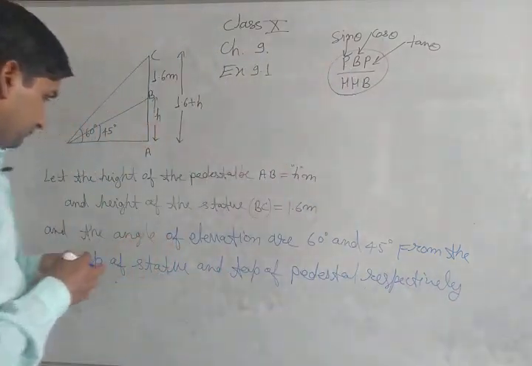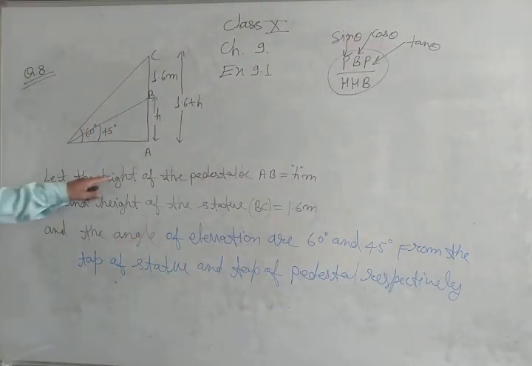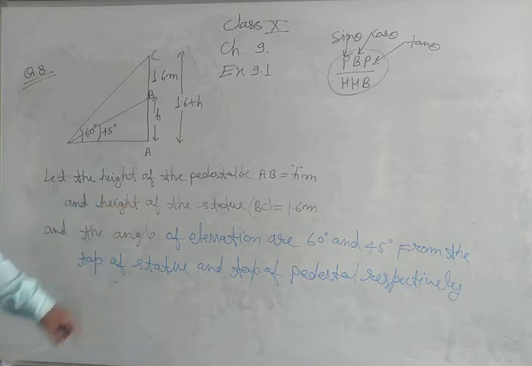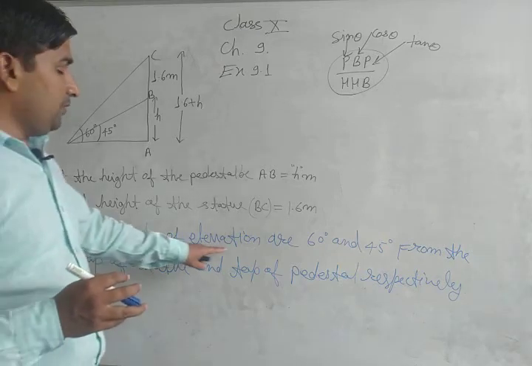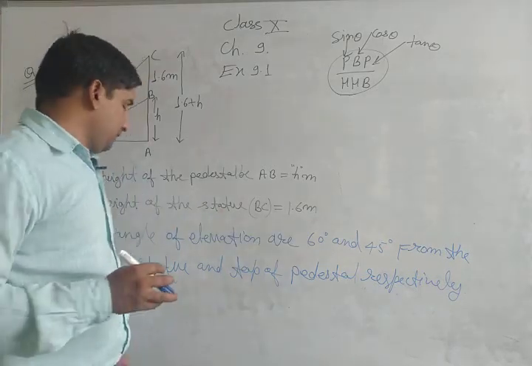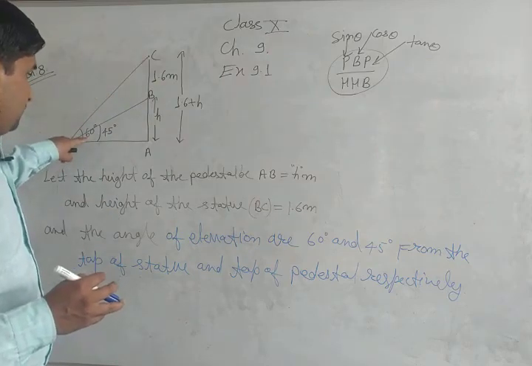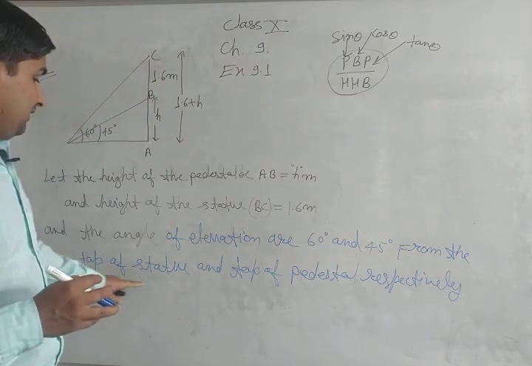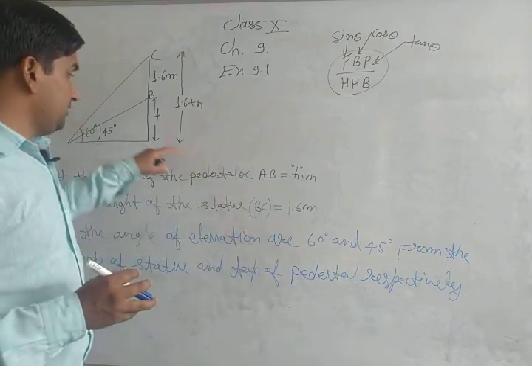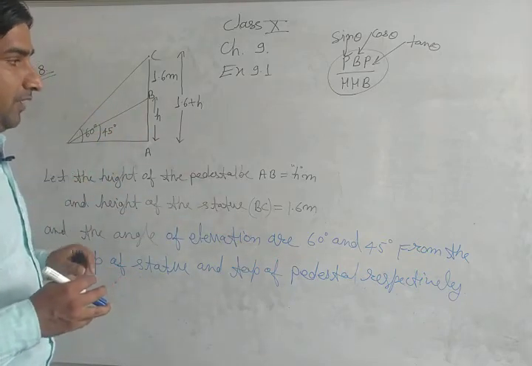Clear? Let the height of the pedestal be AB equals h meter and the height of the statue BC equals 1.6 meter. From the top of the statue the angle of elevation is 60 degree, and from the top of the pedestal it is 45 degree.